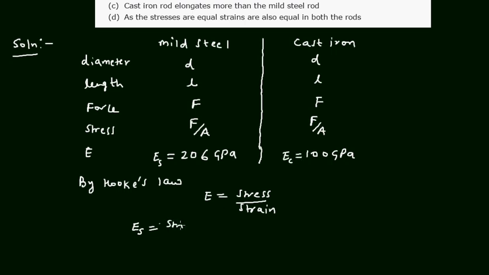This is stress upon strain. Let's say this is epsilon S. Similarly for cast iron, C, stress upon strain of cast iron, or we can get from these two, ES divided by EC is equal to strain of cast iron divided by strain of mild steel.